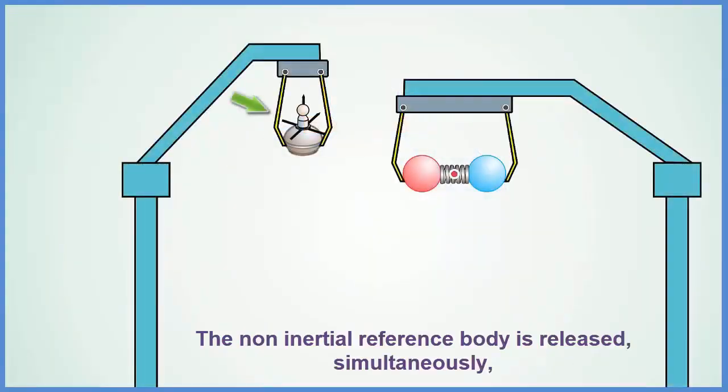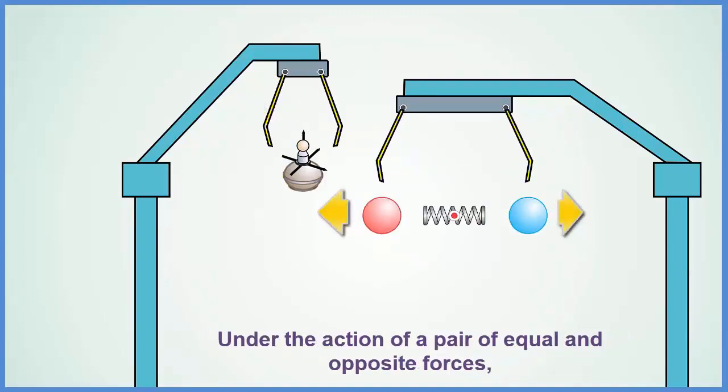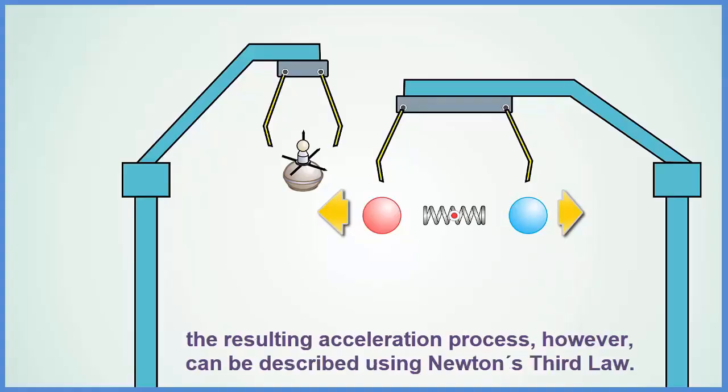The non-inertial reference body is released simultaneously with a system of two balls connected by a compressed spring. Under the action of a pair of equal and opposite forces, the resulting acceleration process, however, can be described using Newton's third law.